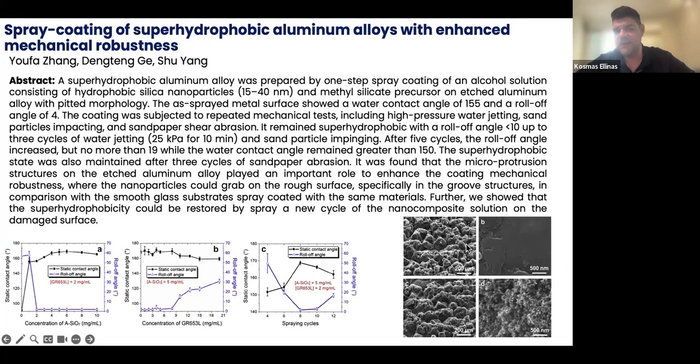They sprayed it, and depending on the spraying cycles and the concentrations, they find the optimum in order to achieve high contact angle and good repulsion against liquids. Then they also tested several mechanical tests, water jets, etc., in order to see how robust is the coating on top of the aluminum.